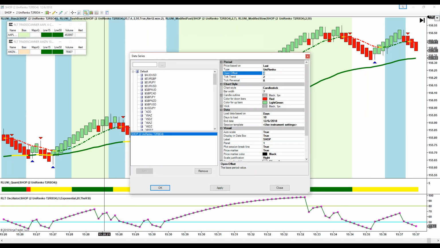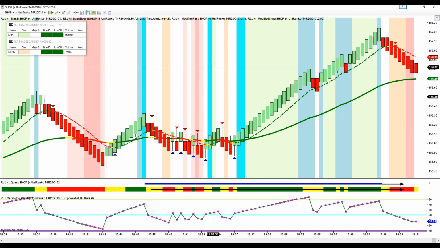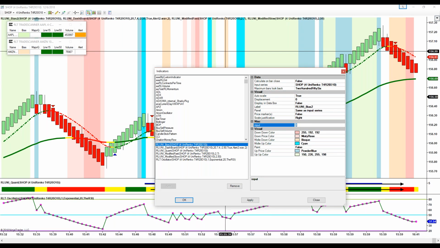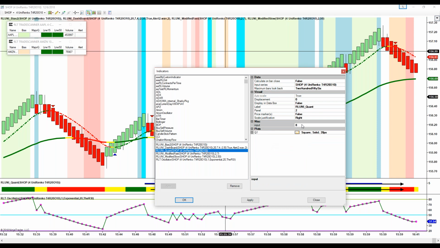Now, Shopify, we have to trade on a 10, a 4, and a 20. To change the Renko size, and we also have to change the inputs here to 13. Obviously, you can't trade the same speed on a $50 stock as you do on a $150 stock.